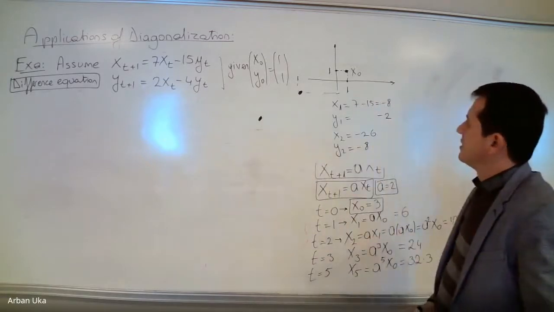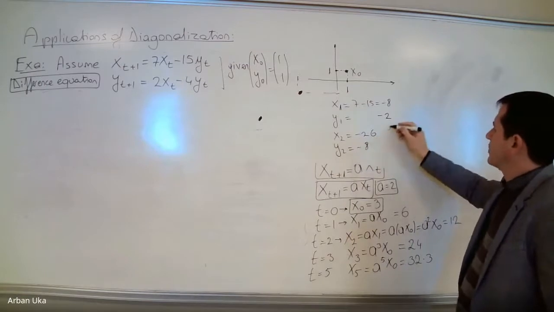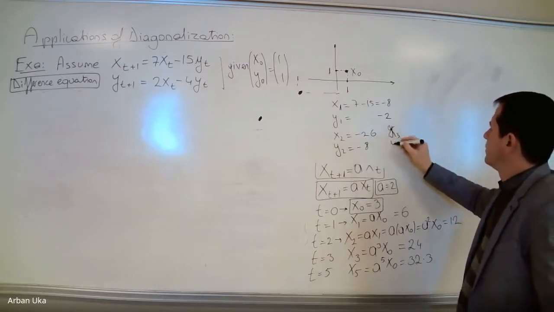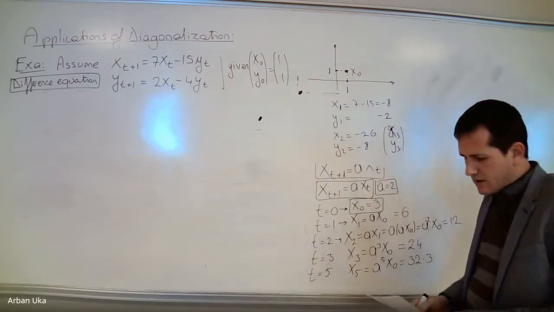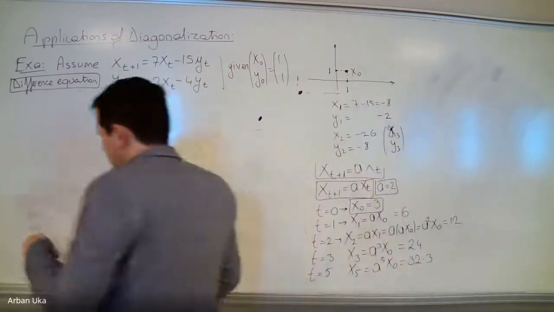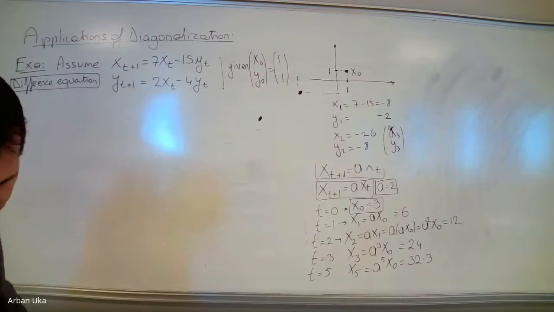So this is (x2, y2), then we need to find x3, y3, and so on. So it's like a system that is developing over time. And then the question is, how can we try to solve this system?